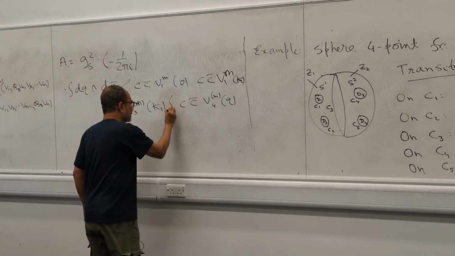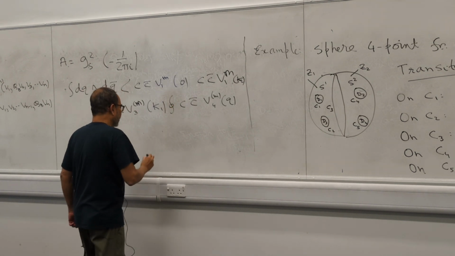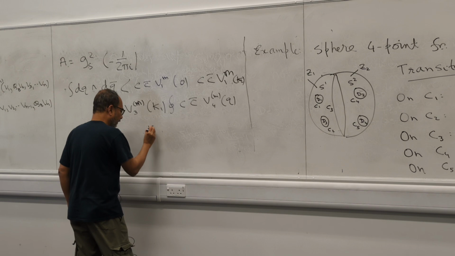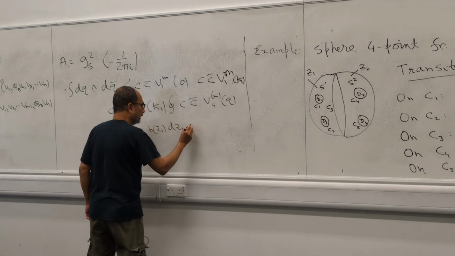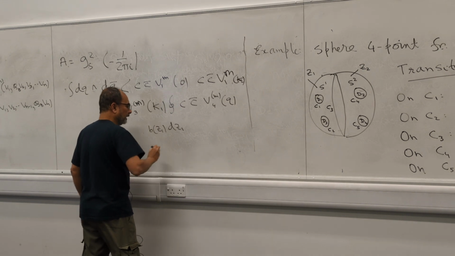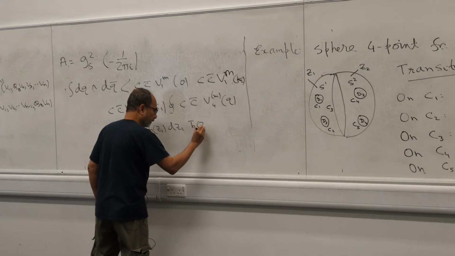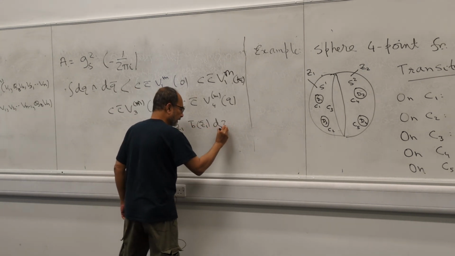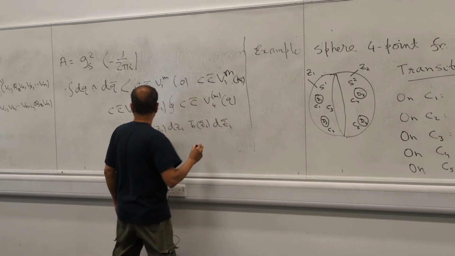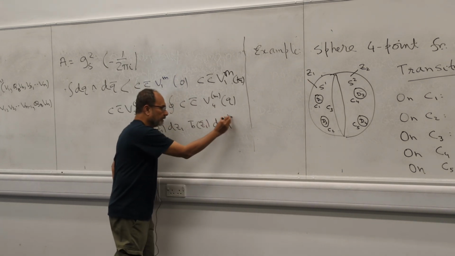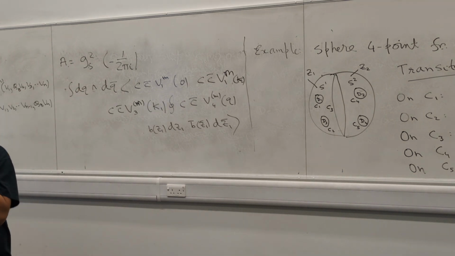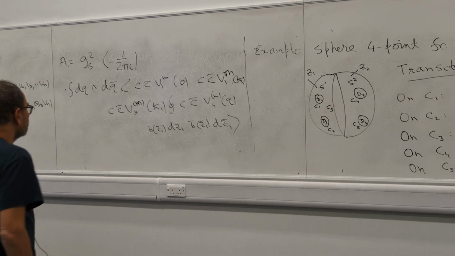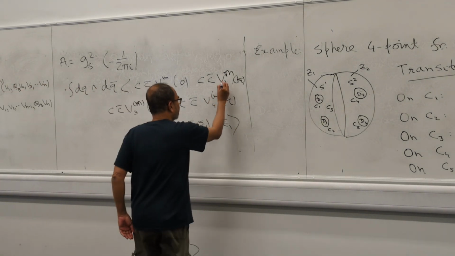And around this there is a contour integral of B of Z1 dZ1, and B bar of Z1 dZ bar 1. Okay, so is there a question? Pardon? Sorry, this is 2. Yes, thank you.